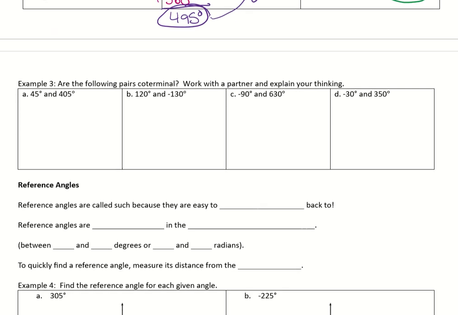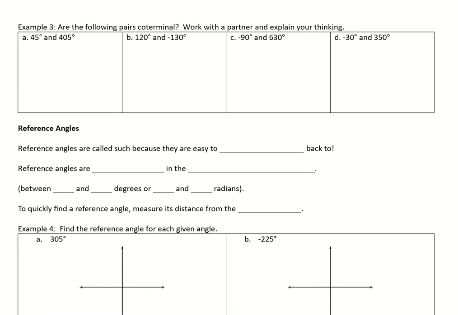Let's check some. Let's see, are the following pairs coterminal? So what we need to do is see if we add 360 to 45, will that give us 405? So we're asking a question. Is that 405?